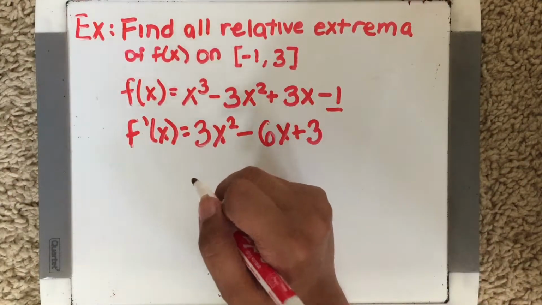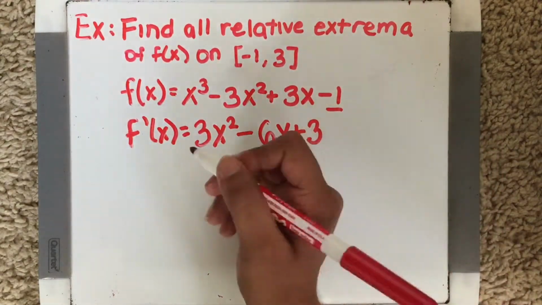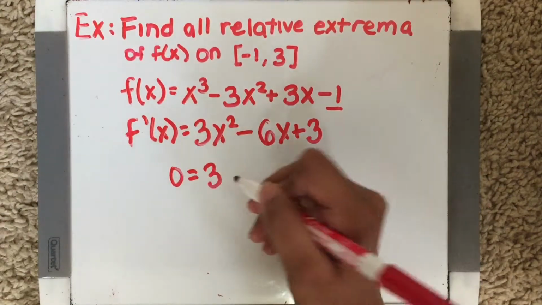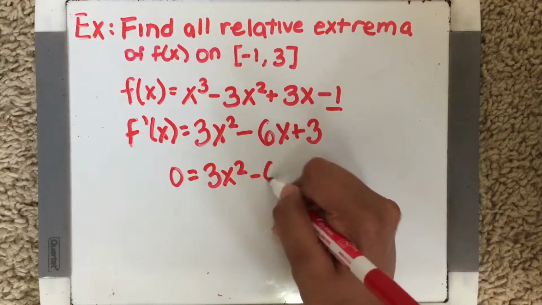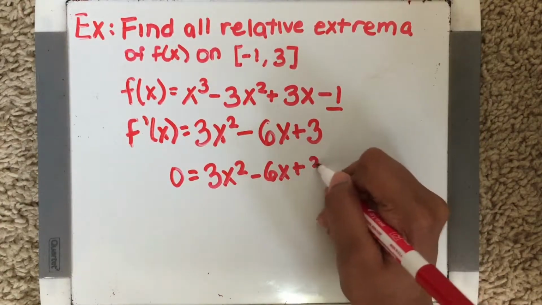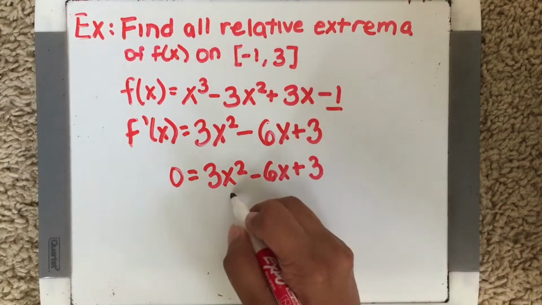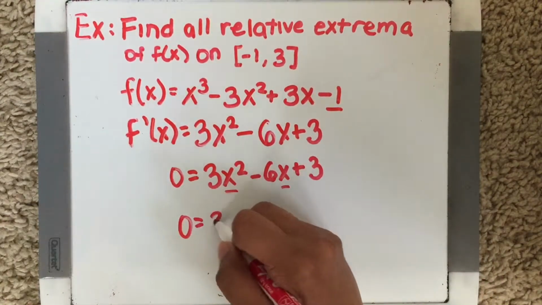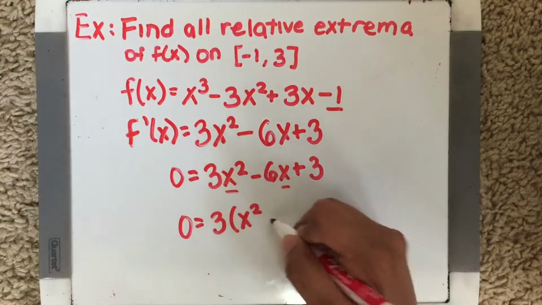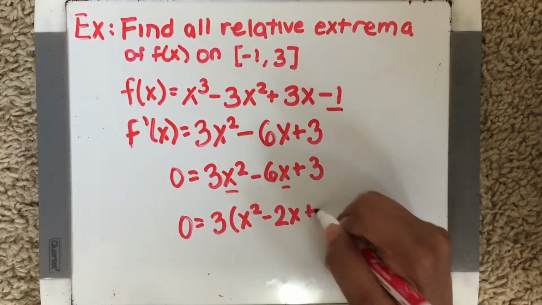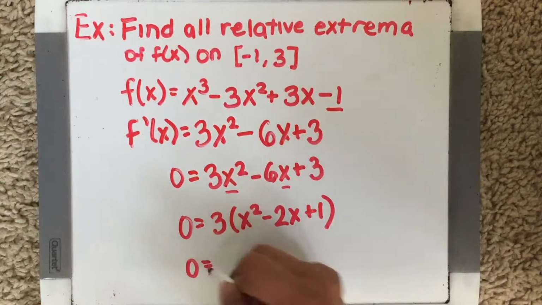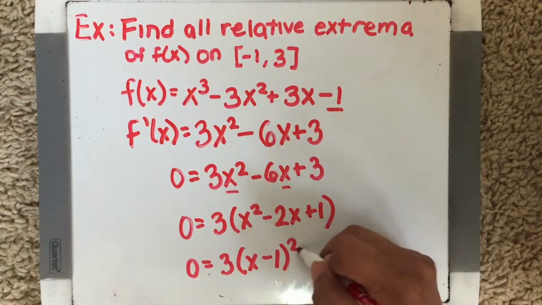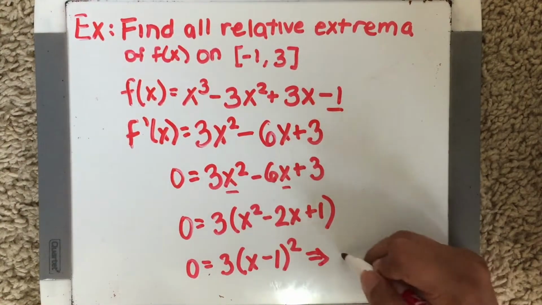The next step is to set the derivative, aka the slope, equal to 0. So let's write 0 equals 3x squared minus 6x plus 3. We can factor out a 3 from each of the terms, and we are left with 3 times x minus 1 times x minus 1 again, giving us 0 equals 3 times x minus 1 squared, and giving us an x value of 1.